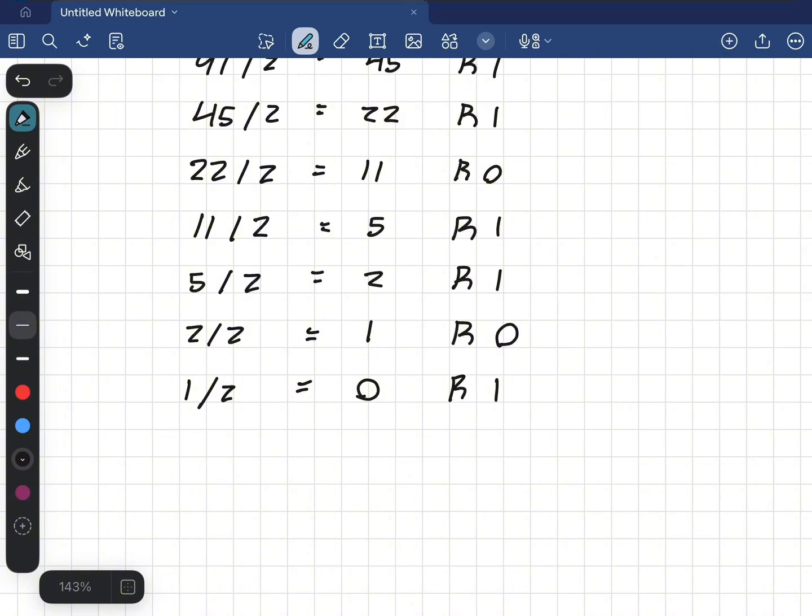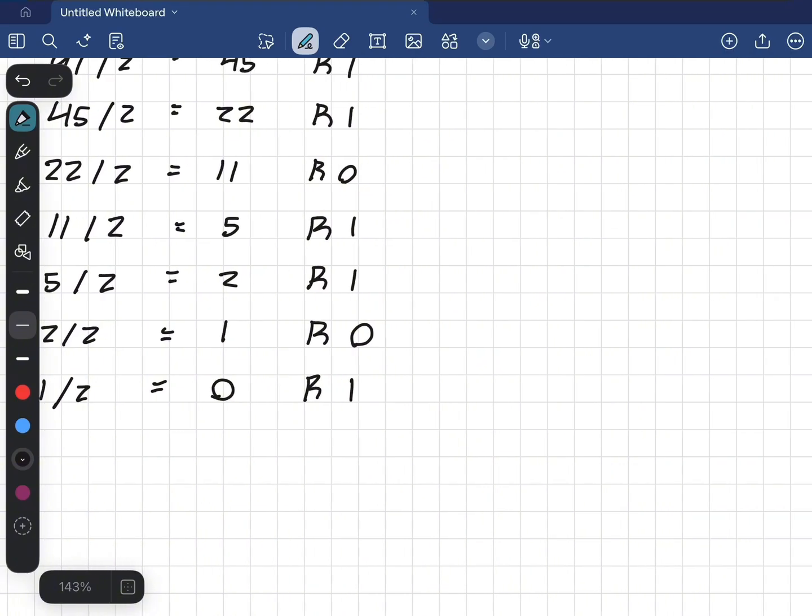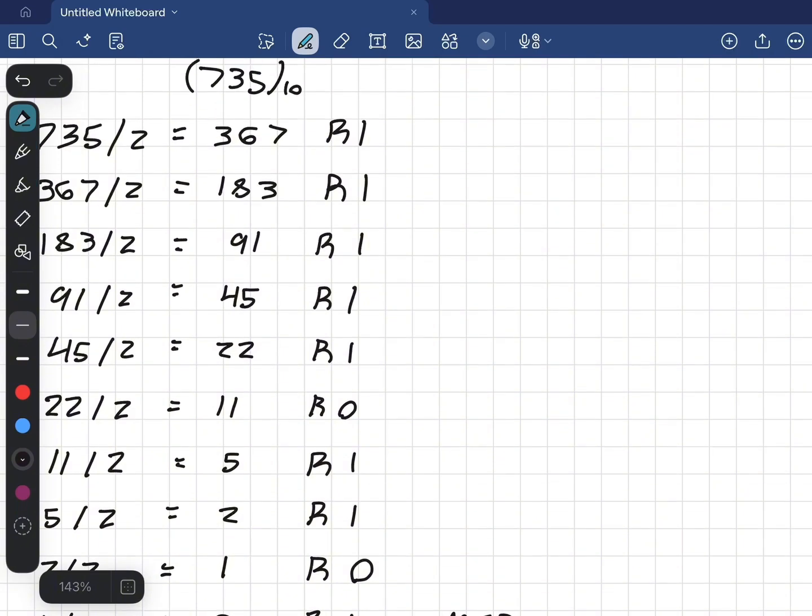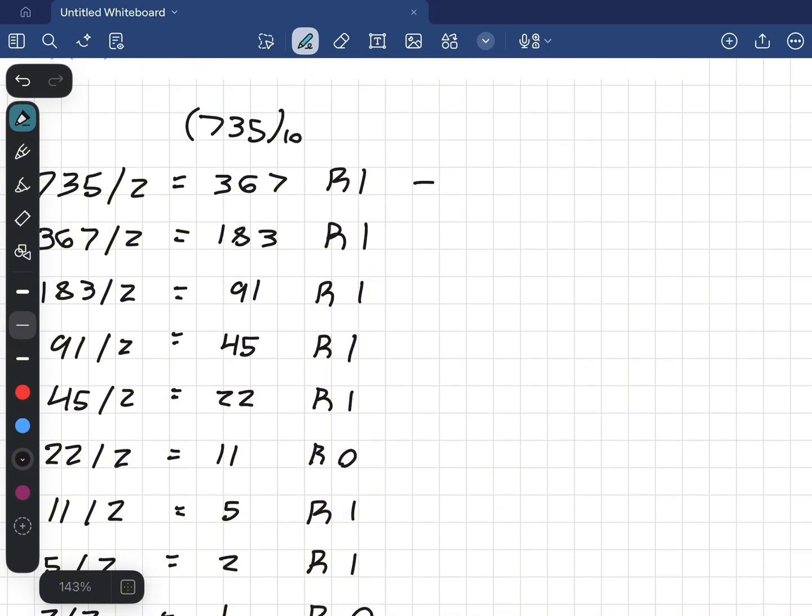A couple things to note here first is what is the most significant bit and the least significant bit. The one we just finished at the end, which would be right here, we will be calling our most significant bit. And at the very top, the one we started with here, this is what's called our least significant bit. And this is very important when it comes to how we actually write the final answer.